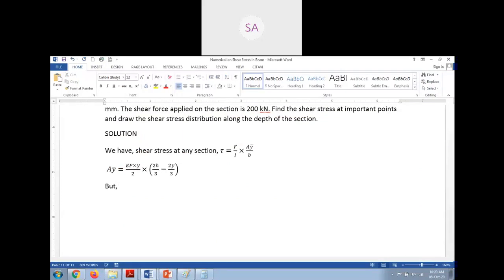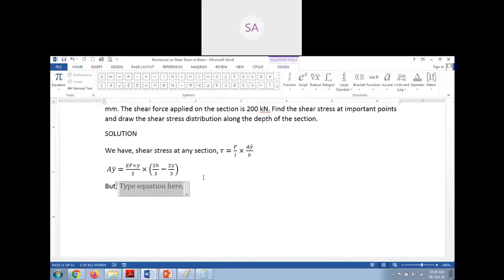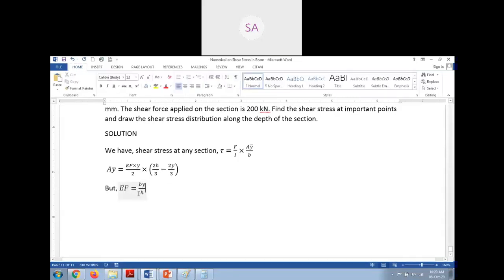But EF is equal to By by H. Correct? Now I have to substitute this in this expression, right? And then try to simplify this. Now let us do this.